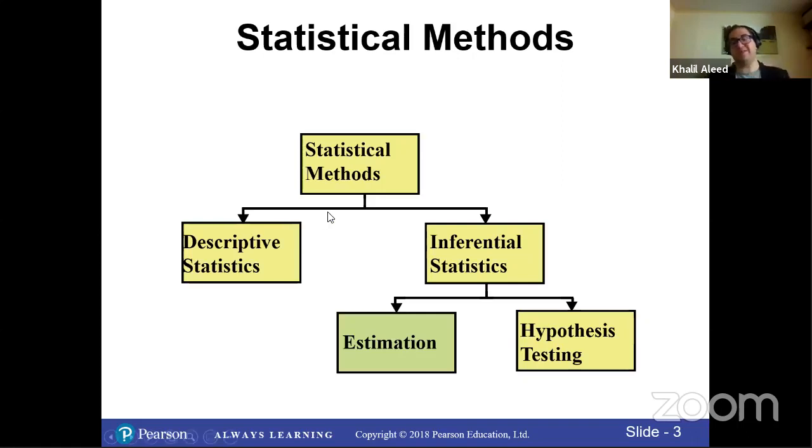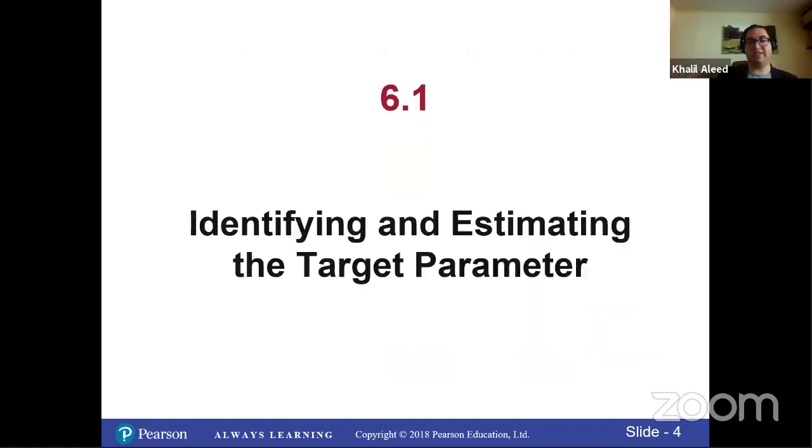What we will discuss from now on is the inferential statistics part. Inferential statistics itself is divided into two different topics: estimation and hypothesis testing. We will start with estimation.